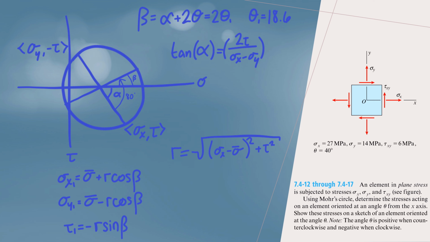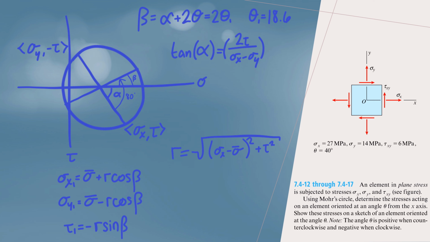However, a more general equation would be this one. So I can say, well, my radius is going to be, if I use Pythagorean's theorem, I can go from my center to my x position. So I have sigma x minus sigma average, square it plus my shear squared, root it all, and you get some hypotenuse value, which is my R.